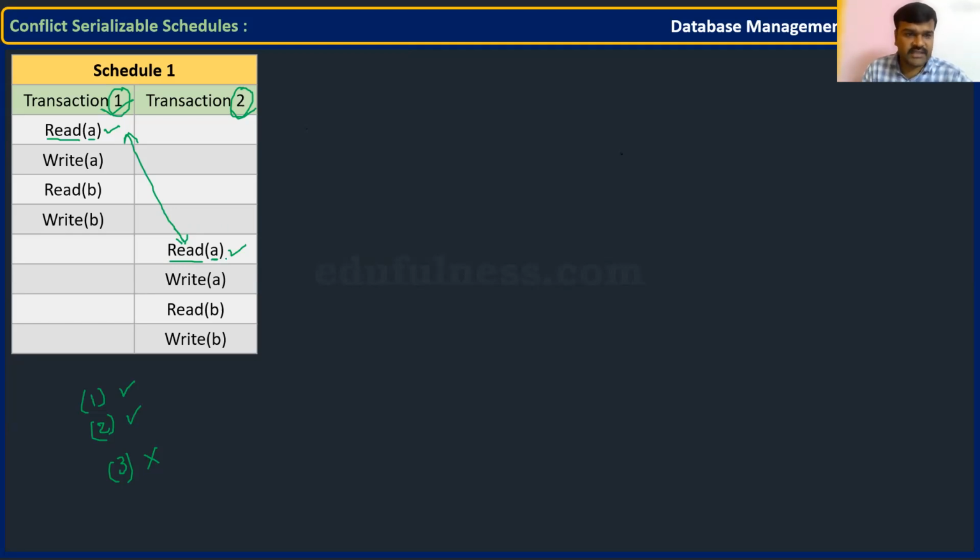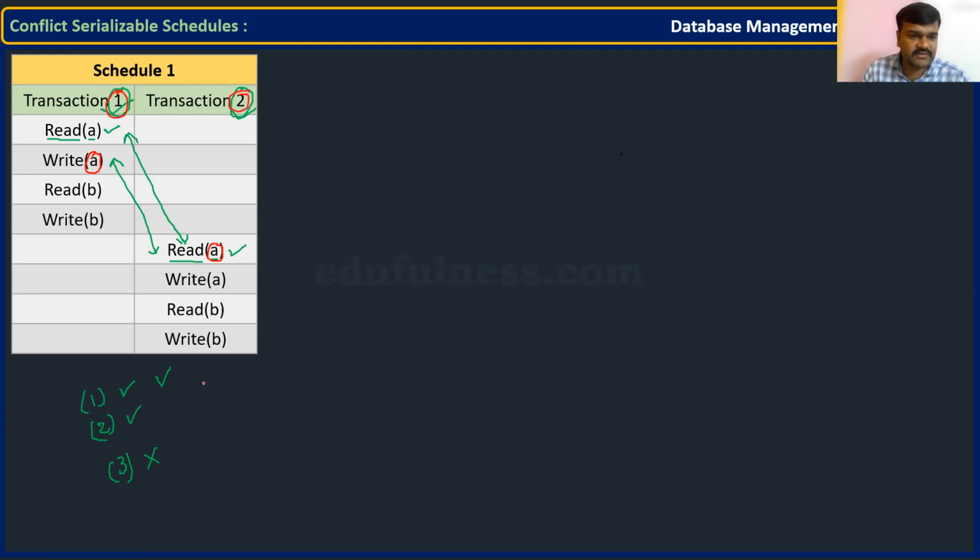Reading here and here is the same, but you need to consider other things also. Now I compare this with this. If I take the combination write A in T1 and read A in T2, the first condition: yes, both of them are the same data item, that is A. The second: both of them are from different transactions, yes, correct.